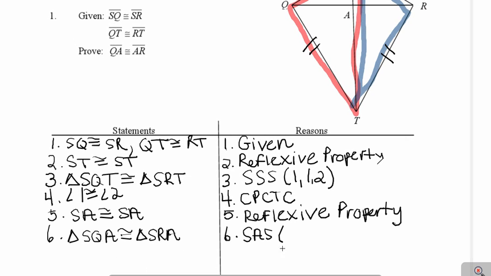So I could prove the smaller triangles congruent by SAS. I had a side all the way back from the givens in step 1. I have my angle in step 4, and then my last corresponding side in step 5 by the reflexive property. So now I can finally prove what I was initially trying to prove, that segment QA is congruent to segment AR by CPCTC.